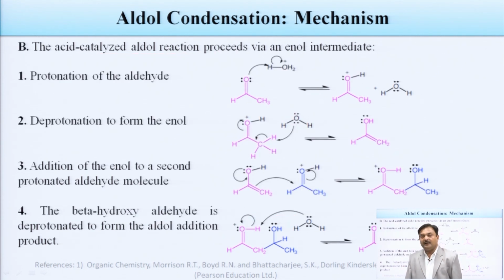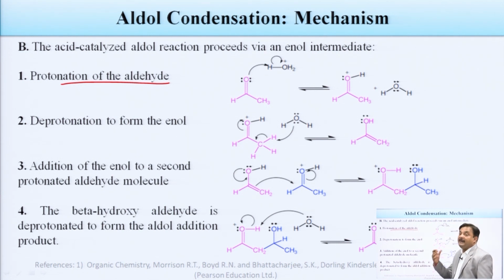The second method of the mechanism uses acid as a catalyst. So, here you can see a little bit of difference in the mechanism. In the base, first of all OH minus abstracts the hydrogen from the aldehyde or ketone. Here protonation of the aldehyde occurs, meaning hydrogen is given to the aldehyde or ketone.